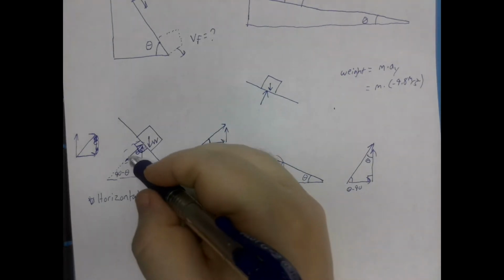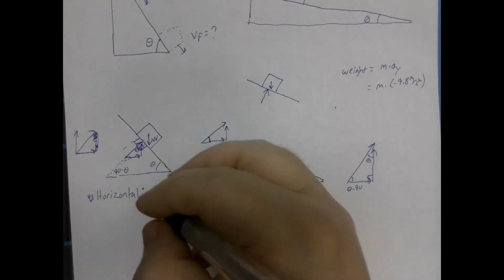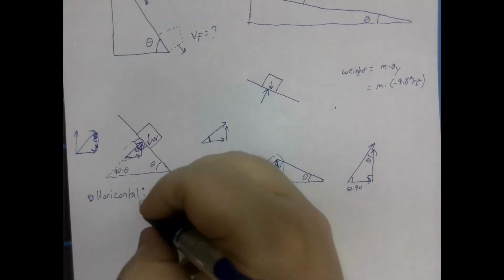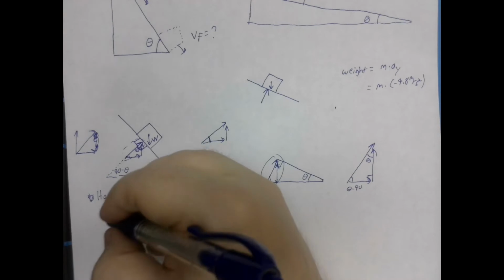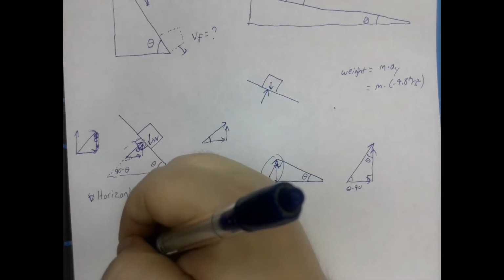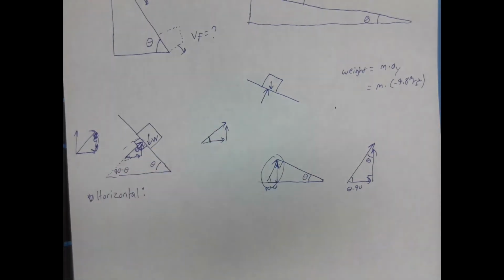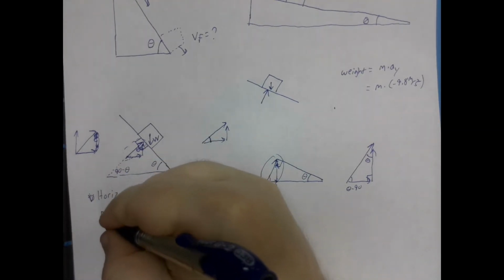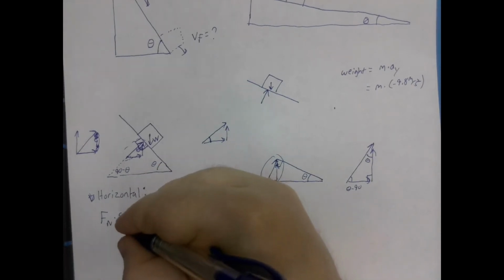You could also use the fact that this is 90 minus theta, but I don't like plugging in 90 into the signs. So the opposite of this angle is sine. So the horizontal force would be this normal force times sine of theta.